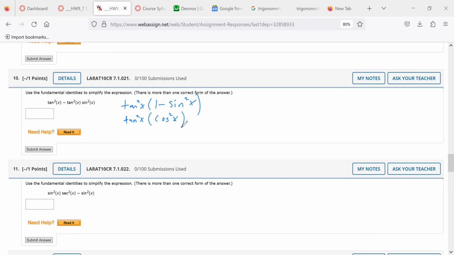That's cosine. And we should see that this reduces, right? How do we change tangent to cancel the terms? Would you change it to sine over cosine and then?